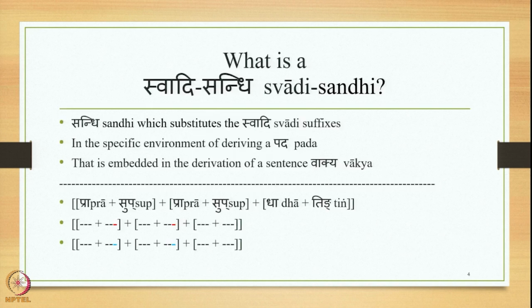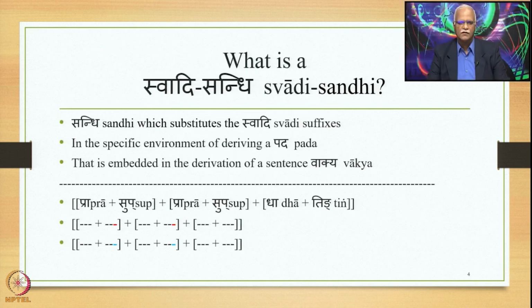What is a Swadi Sandhi? Swadi Sandhi is a Sandhi which substitutes the Swadi suffixes, su, adi suffixes. And this substitution happens in the specific environment of deriving a final finished form called pada, which is embedded in the derivation of a sentence.